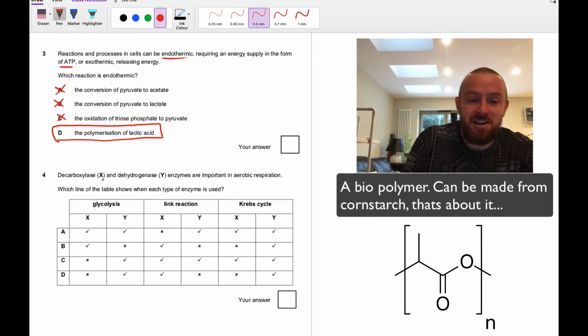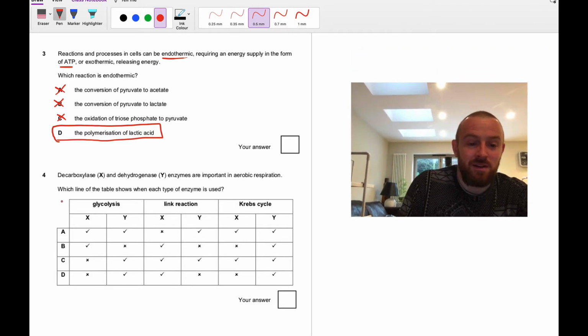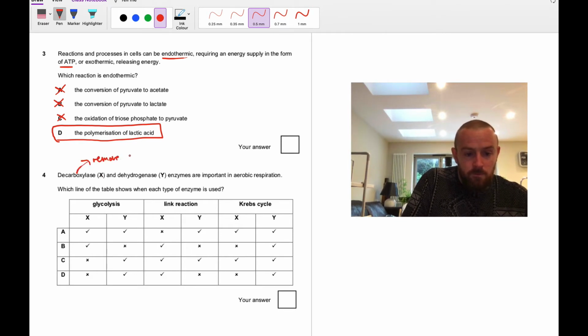Okay, 4. Decarboxylase and dehydrogenase enzymes are important in aerobic respiration. Which line of the table shows when each type of enzyme is used? So decarboxylase removes CO2, and dehydrogenase removes hydrogen and therefore forms reduced NAD.